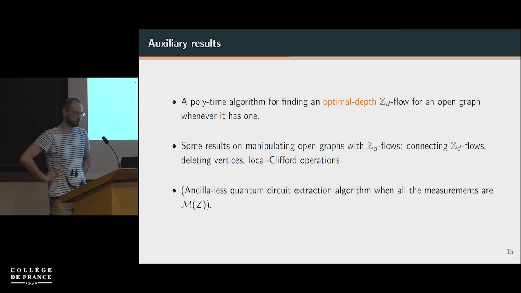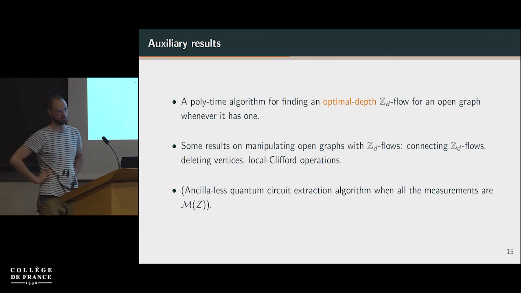Now, finally, we already have, as written, a circuit extraction algorithm, but only in the case when the measurements are all made in the measurement space of Z. And this was related to the work I did on CV flow and convergence of teleportation in continuous variables.